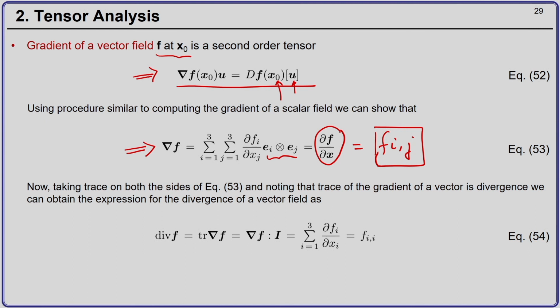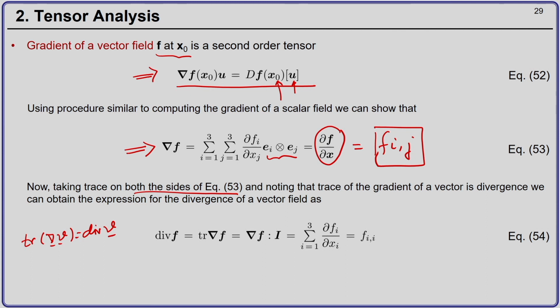Now, one interesting thing to notice is if you take the trace on both sides of equation number 53, what do you find? You find that the trace of the gradient of a vector is nothing but the divergence of the vector.